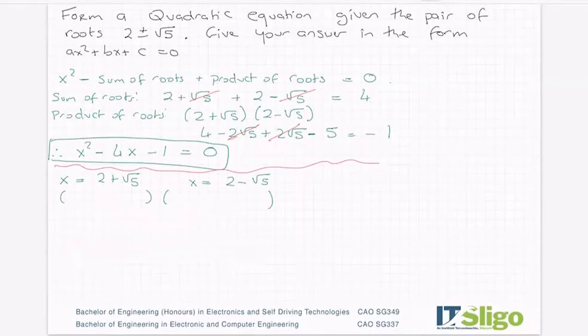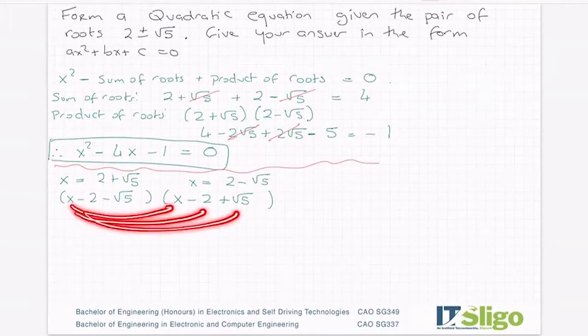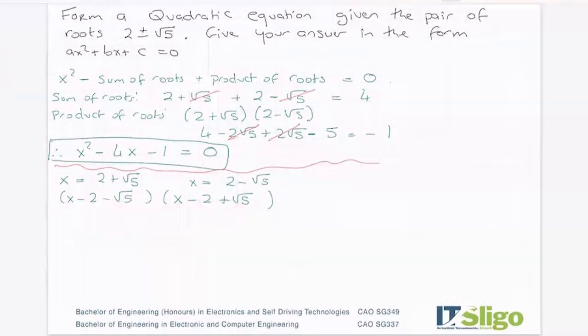Okay, so to form the factors, I would bring the roots over this side so that I'd have x minus 2 minus root 5. And in this side, I would have x minus 2 plus root 5. Okay, and when I multiply these out, hopefully they will give me the same quadratic. Okay, so it's a bit harder to do it this way, but nonetheless, what I'm going to do is x by everything in the second bracket, minus 2 by everything in the second bracket, and then the minus root 5 by everything in the second bracket.